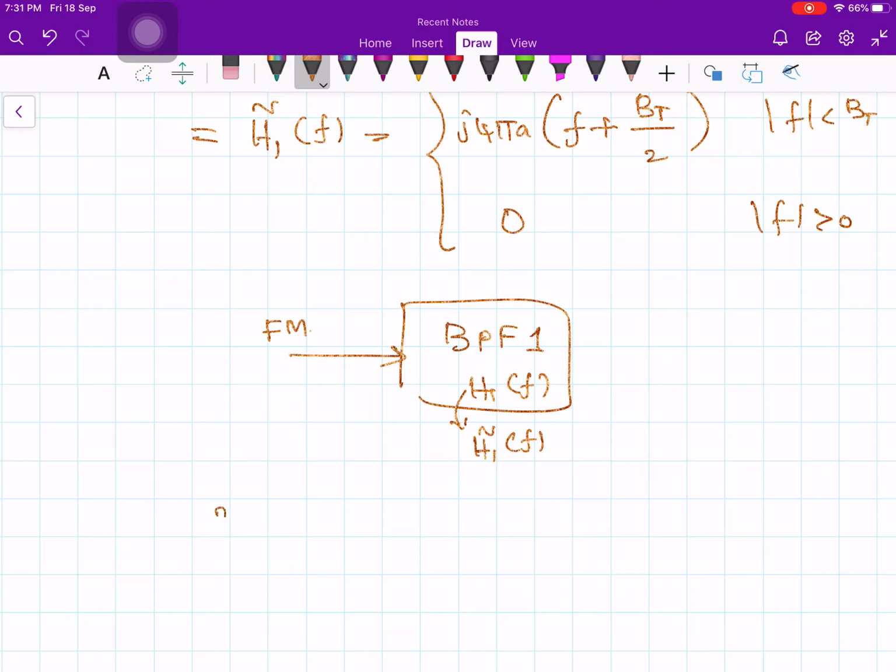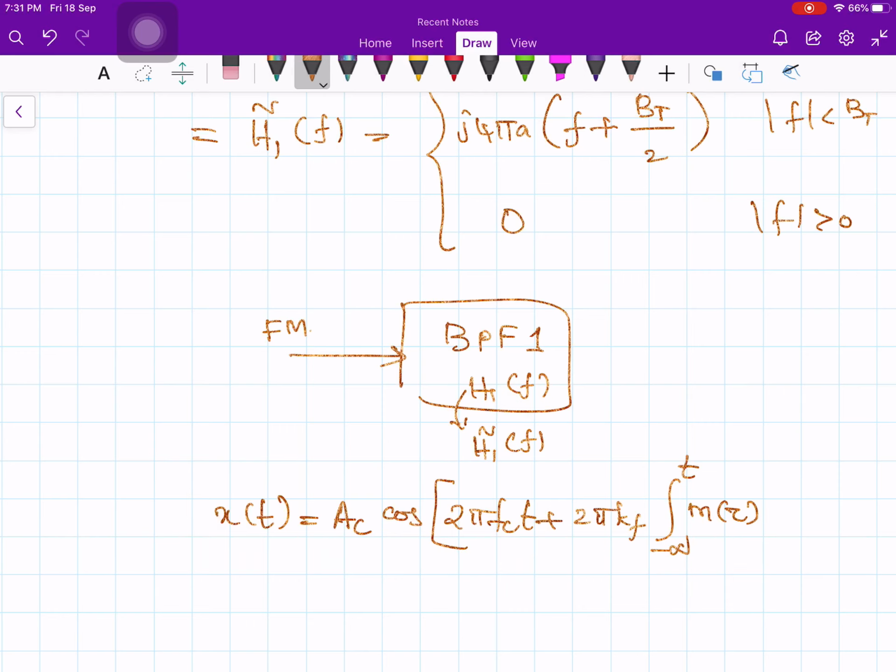So your FM signal x of t is equal to AC times cosine of 2 pi fct plus 2 pi kf integral of m of tau d tau. This is my FM signal.